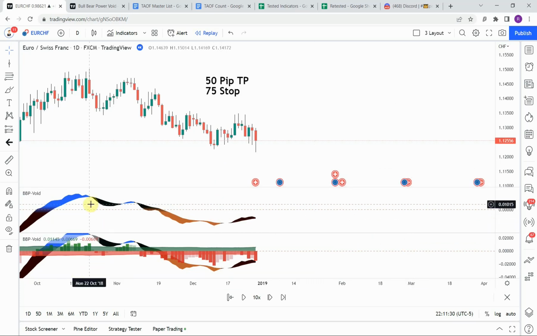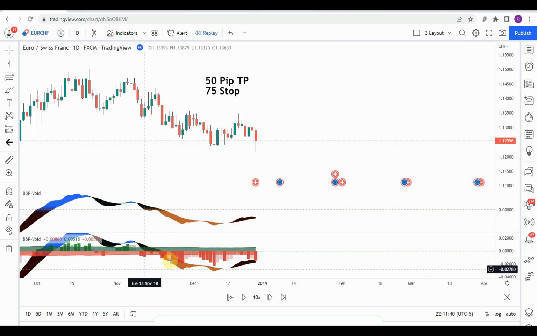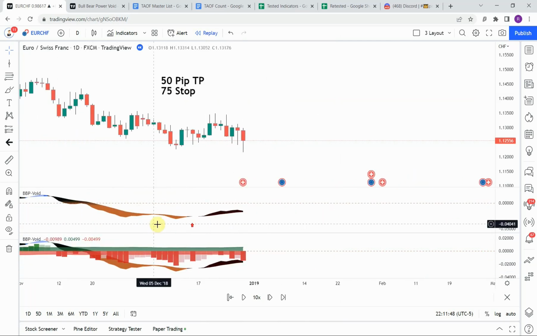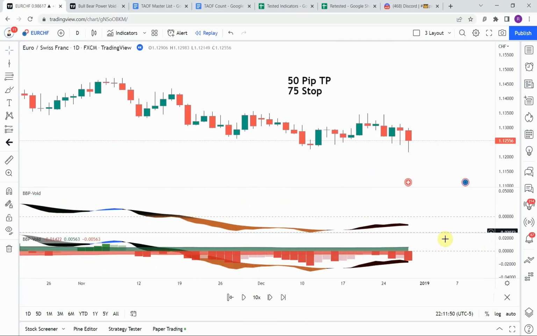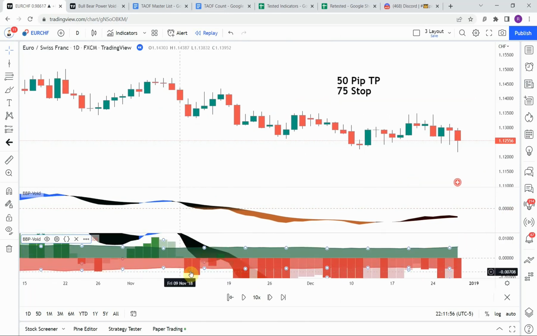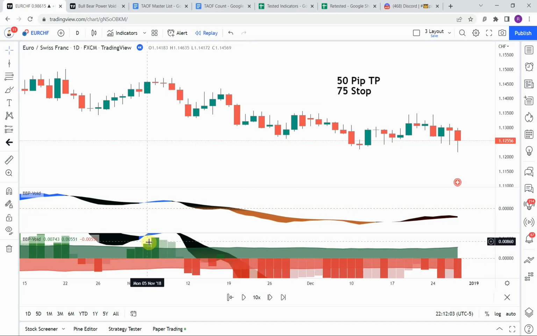So what I did was I took the indicator and I turned off all the visual components to it, except for this ribbon right here. If you remember from yesterday's video, when we were looking for signals, so let me zoom in here, what we were basically doing was looking for these green bars and red bars to break out of this middle zone, this green and red zone.